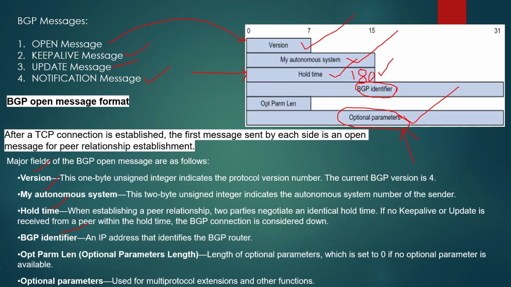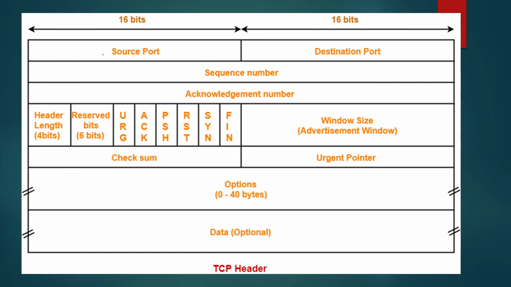And we have the TCP header, because BGP uses TCP. Everyone knows source port and destination port are important fields, and you may learn the SYN flag and acknowledgement flag. Today, if possible, I will complete the other flags also, or else some other day.